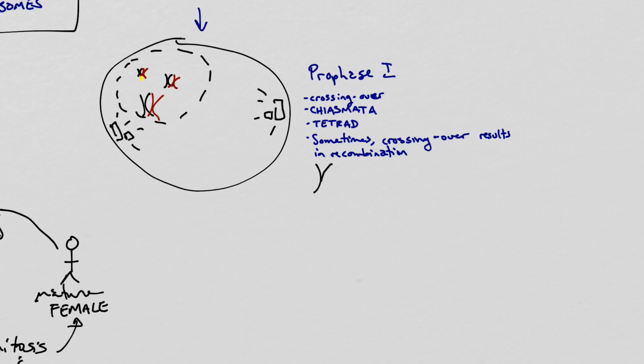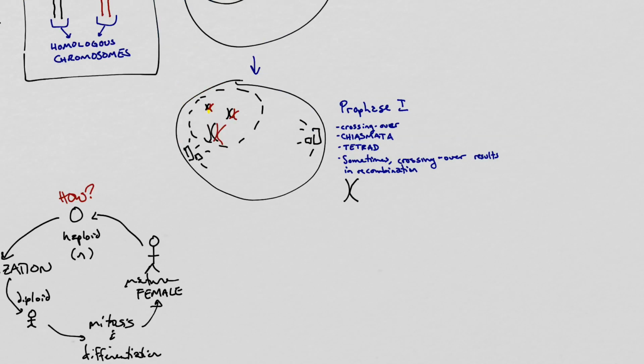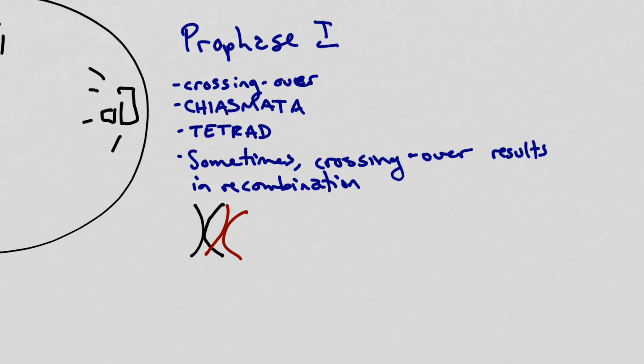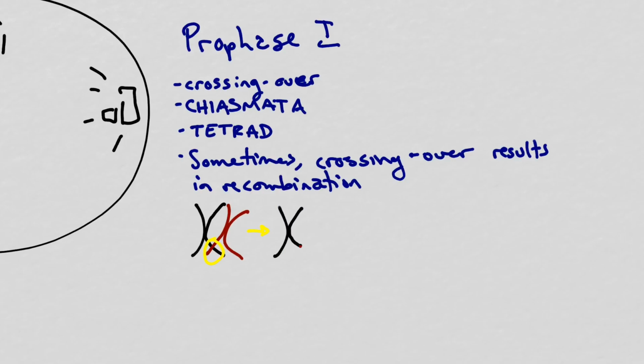It might look like this. If we take our two chromosomes here and we cross them over right here, sometimes in this area right here, little pieces of DNA will actually switch. And what we end up with is a black chromosome that has a little piece of red on it, and a red chromosome that now has a little piece of black on it.